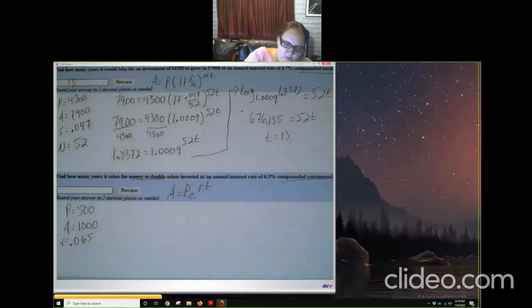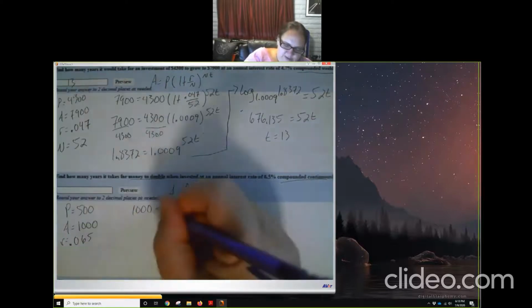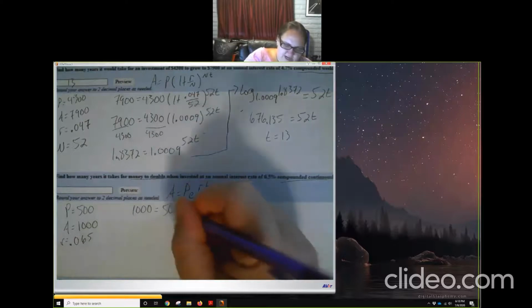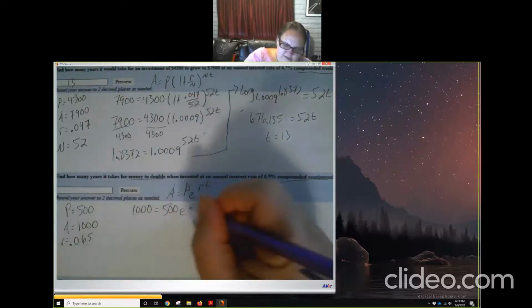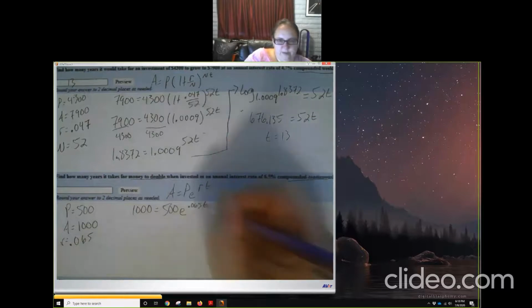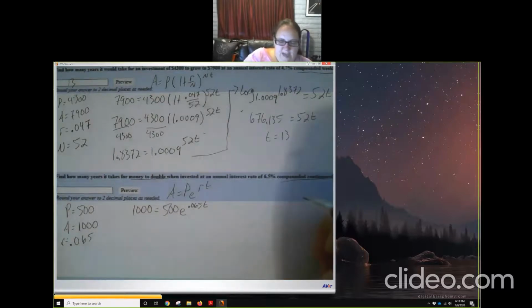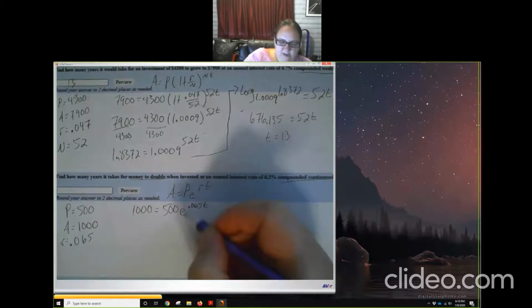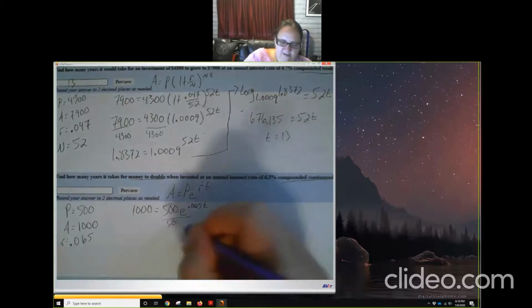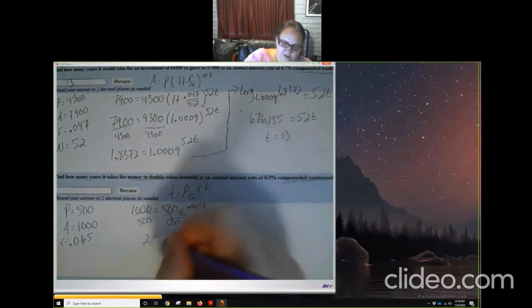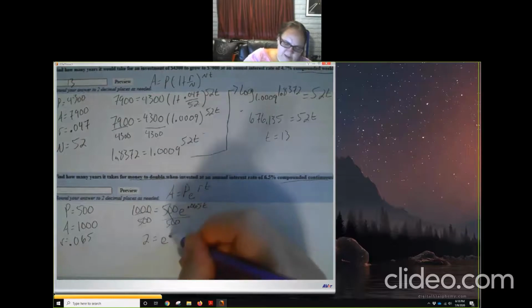So we would have 1,000 equals 500e to the 0.065t. Now, since e is my base, I don't need to worry about doing anything there, so I'm going to divide both sides by 500 first, and I'm going to have 2 equals e to the 0.065t.